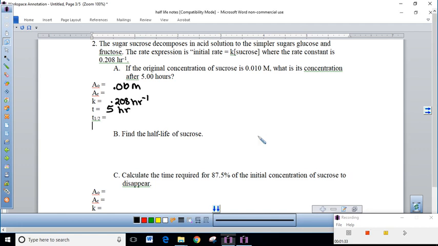Okay, so we're going to take a second to work that one. You'll notice that that one's going to work the exact same way. So I'm going to go ahead and just start plugging that in, and then maybe you could plug in as well. ln of the remaining amount minus ln of the original amount equals, remember the negative K, and then our time was 5 hours.